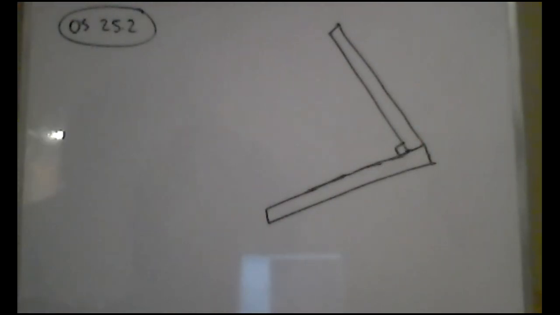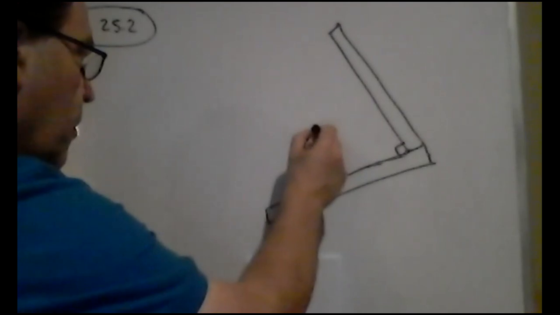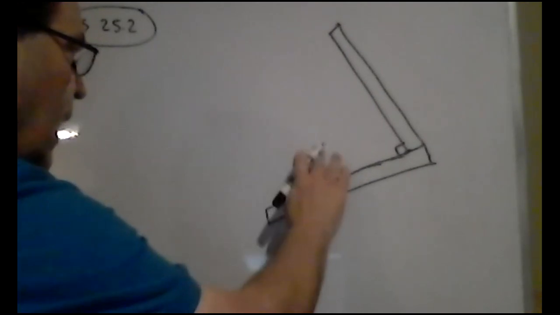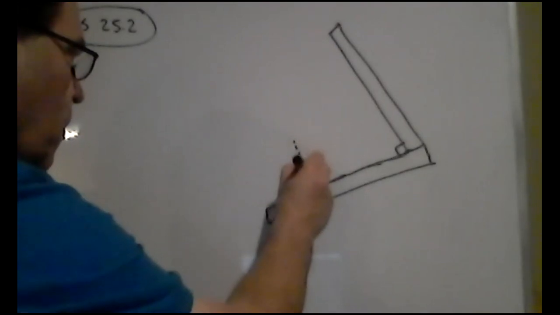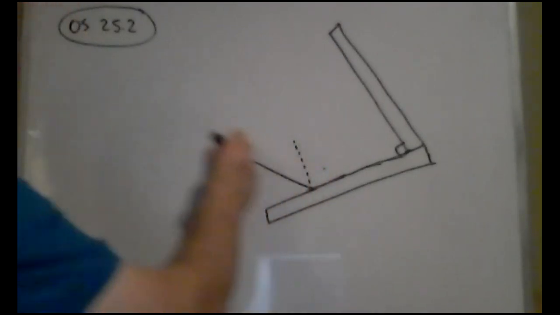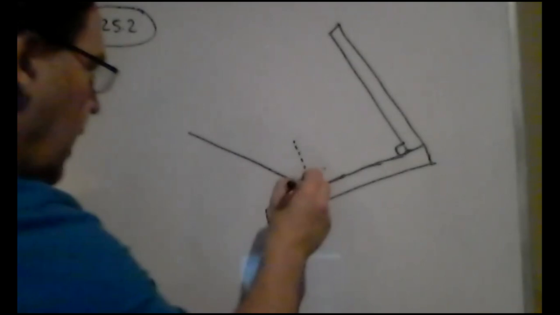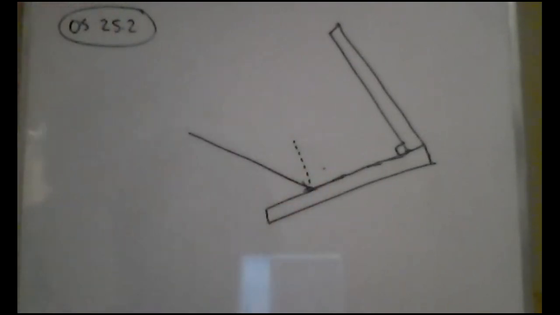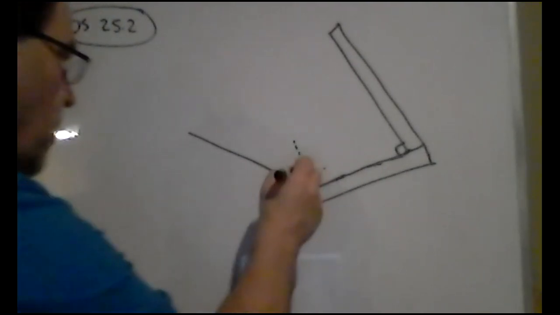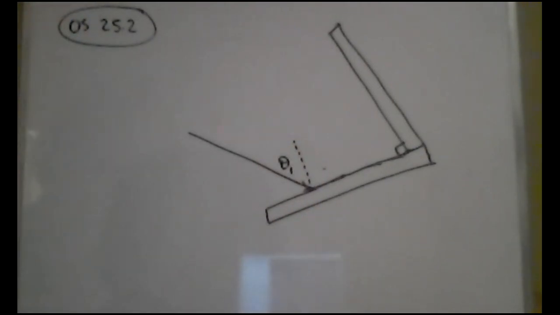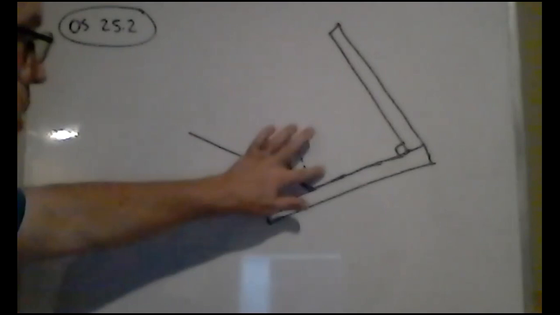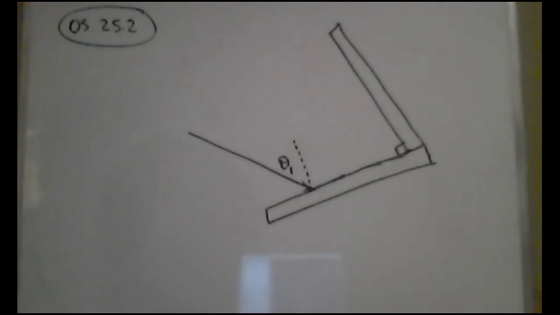So I have an incident ray of light that's coming in at a normal, and it's making an angle of theta 1. Now I know Hero's law, the law of reflection, says that the angle of reflection equals the angle of incidence.